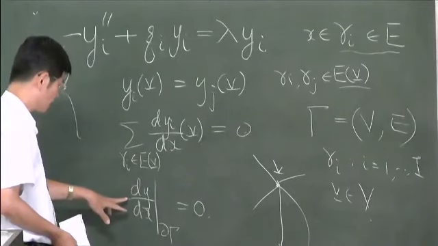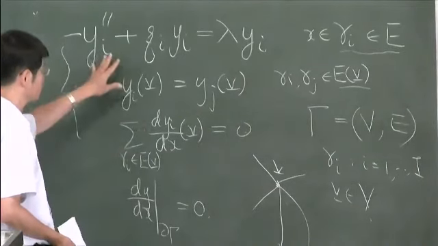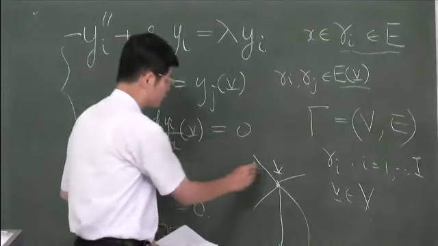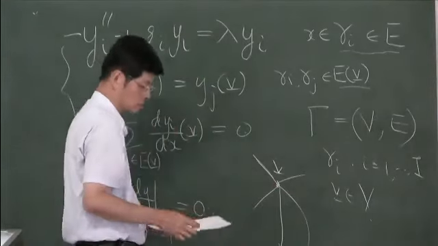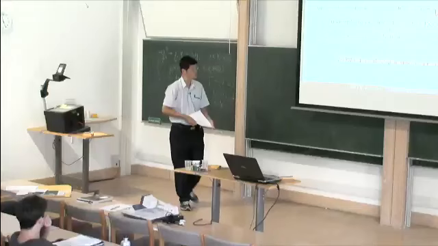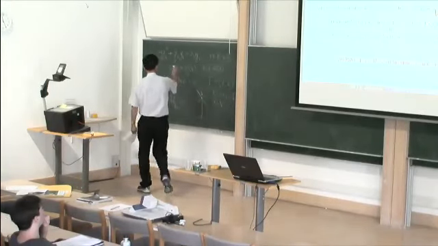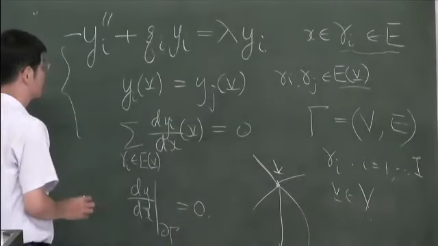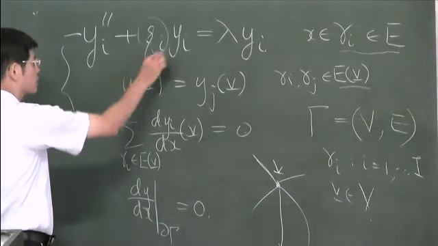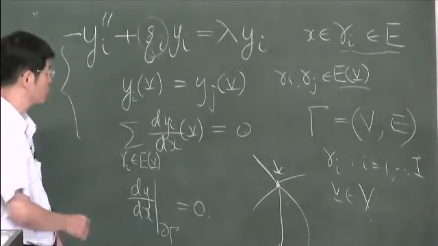And we have the Neumann boundary conditions. And along the edges, this is what you can call the Schrödinger operator. Our interest would be trying to recover this potential function using the spectral data, the eigenvalues.